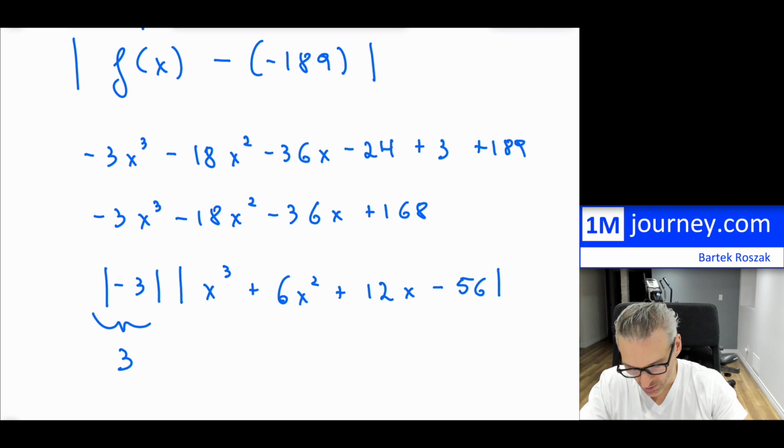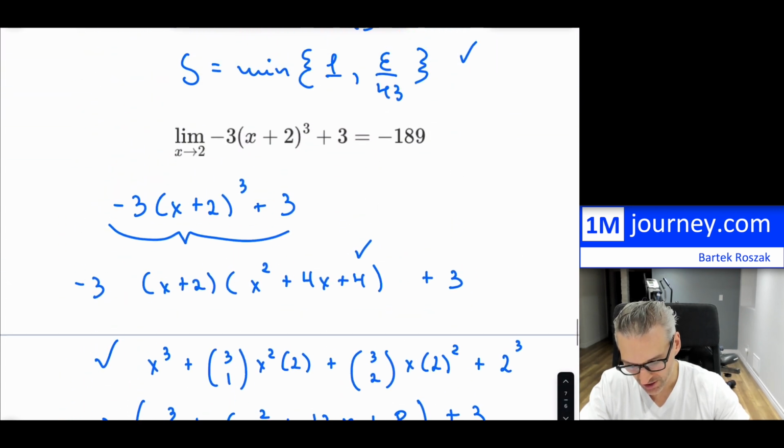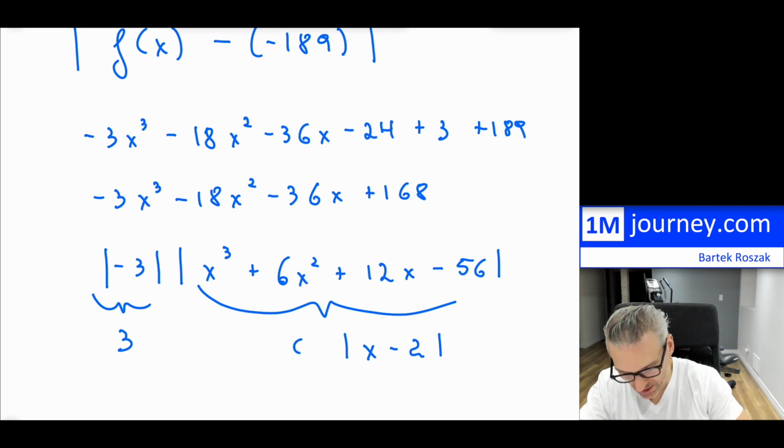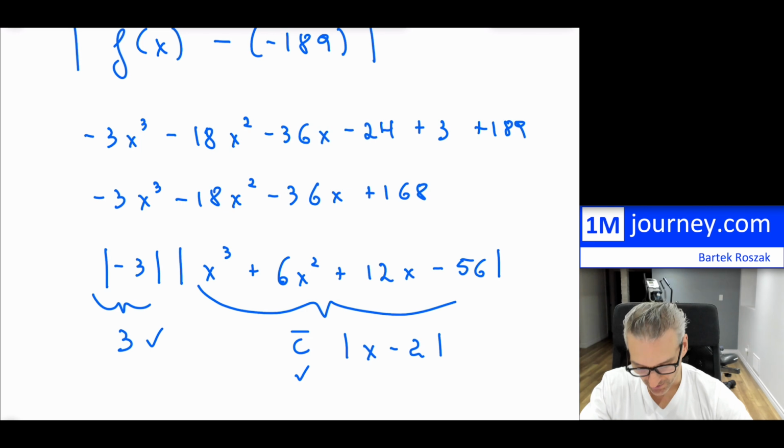And now what we want to do is take this, and what we're looking for is to make the connection. This is approaching -2, and we want to put a bound, right? So we need some c in here, and let's put maybe c bar, because the total c will be 3 times this, because there's a 3 in front there.